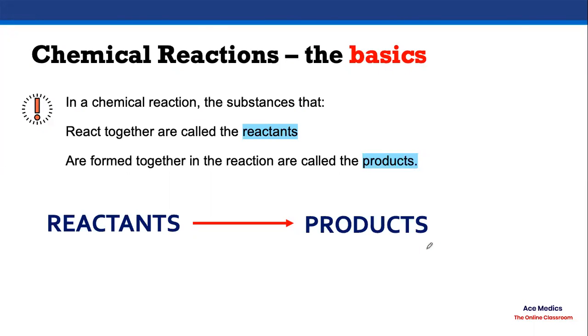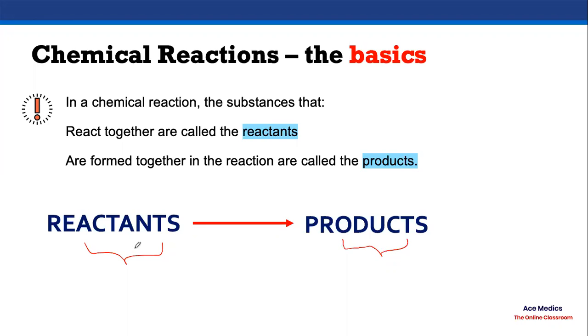So now we're going to look at the basics of a chemical reaction. We said that compounds are when two or more elements are joined together, and they undergo something called a chemical reaction. So what exactly are these chemical reactions and how can we write them? In a chemical reaction, you can think of it as having two different parts: the reactants, and the products.